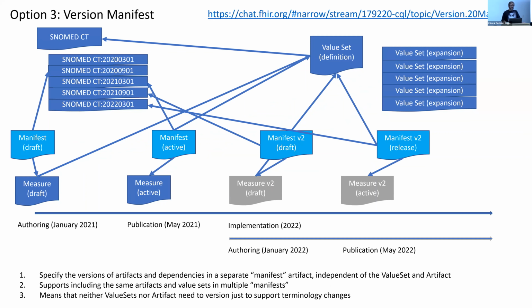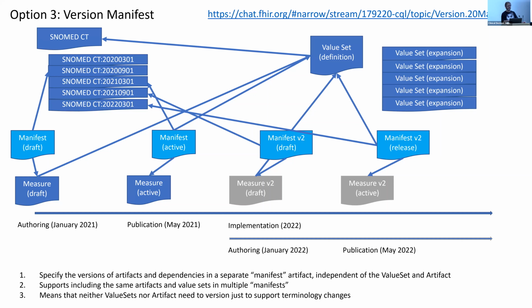So what we'll propose is that the versions of the artifacts and dependencies are specified in a separate file, in a manifest. So you say, these are all the dependencies of this artifact, traced all the way through. If I have a value set that's grouping, then I'm tracing the grouping value sets all the way through. So I collect all those dependencies and I say what all the versions of those dependencies are.